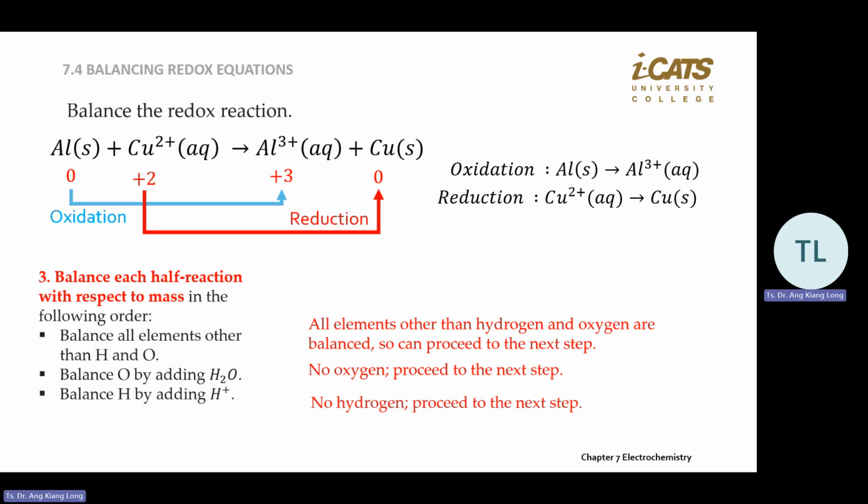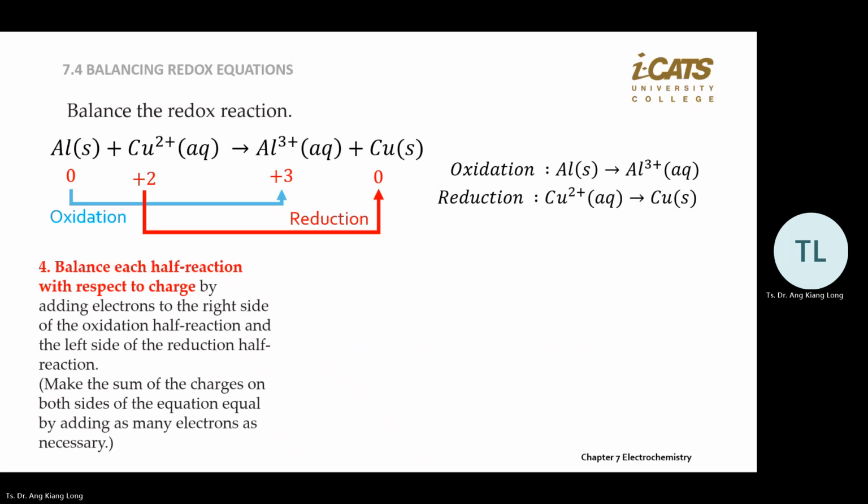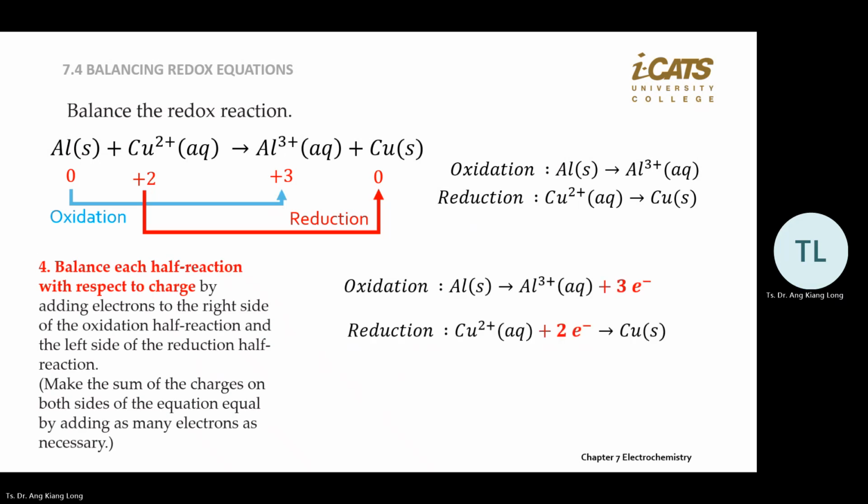This is a hidden rule in balancing the equation with electrons. First, you balance anything outside O and H. If you see O, you add water at the right-hand side of the equation. If you see H, you add H+ at the other side. Okay, so this one you should be able to understand, right? Understand?